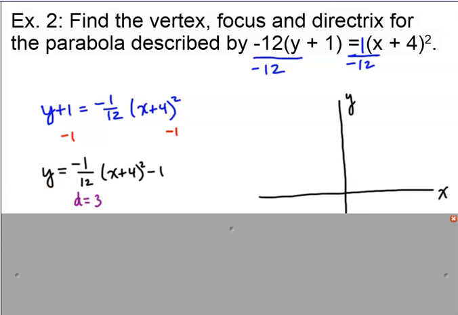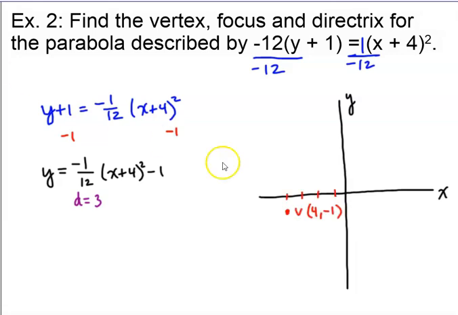Okay, so hopefully you took time to make a sketch. You got your vertex in place at (4, -1). Hopefully then you realized, hey, 3 up and 3 down from the vertex are going to show me where the focus and directrix are. Of course, I have to think about if it's concave up or concave down, and what that means about which one of these is the focus and which is the directrix. Of course, it's concave down, right? Because a is negative.